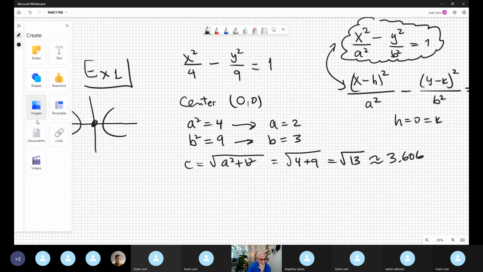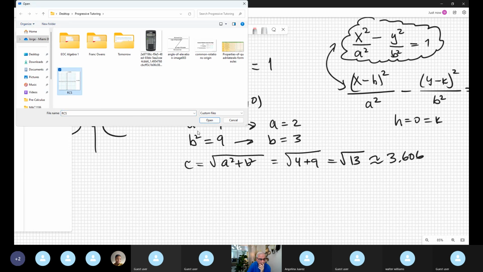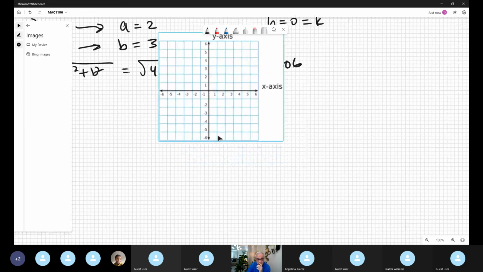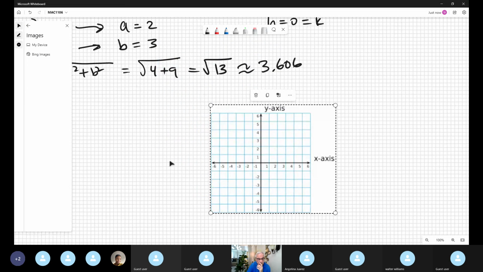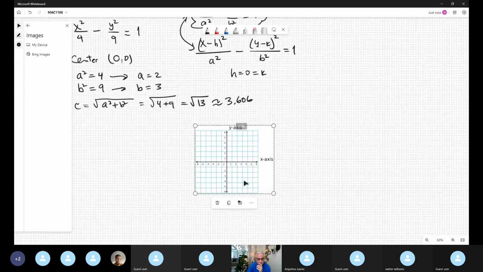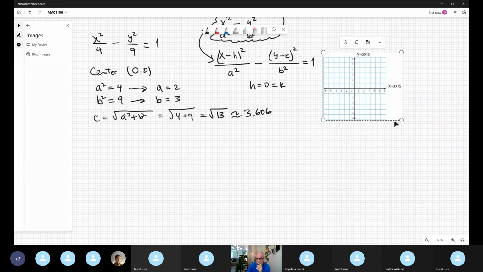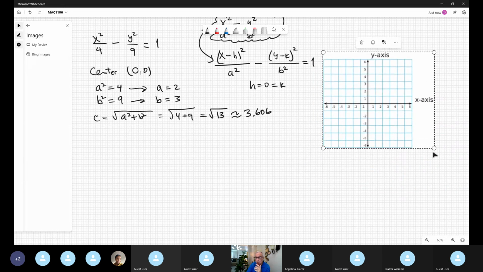I found a piece of paper with a rectangular coordinate system, maybe. There you go. I put it in my whiteboard. Okay, so I discover in this problem that our hyperbola is horizontal. Cool. I discover also that a is 2.